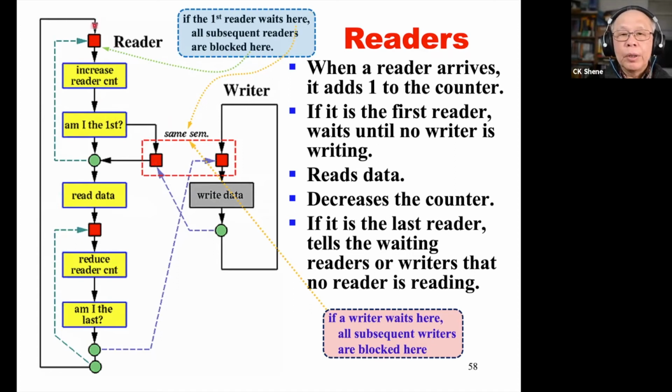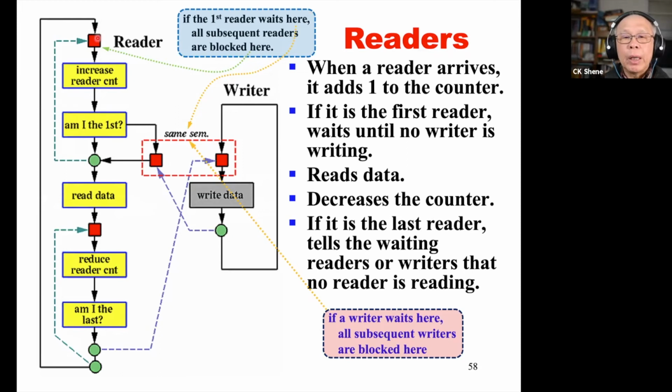This reader goes through the first mutex lock. Increases the count if it is the first one. And if there is a writer writing, this first reader is blocked here while it still has the mutex lock. So if the first reader is blocked here, all subsequent readers would be blocked here.